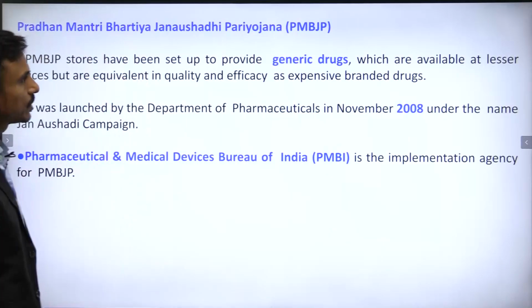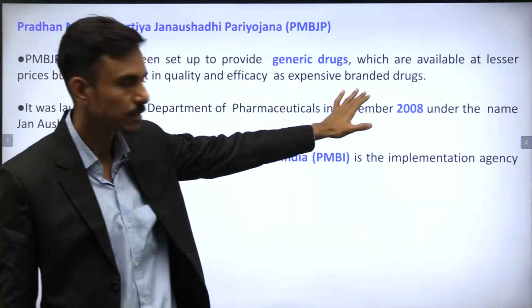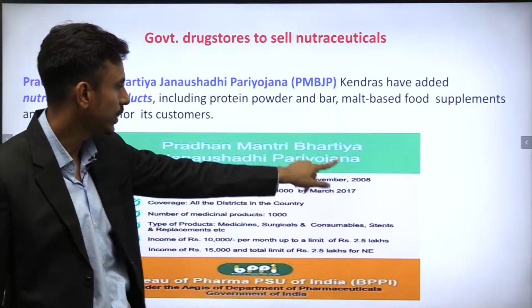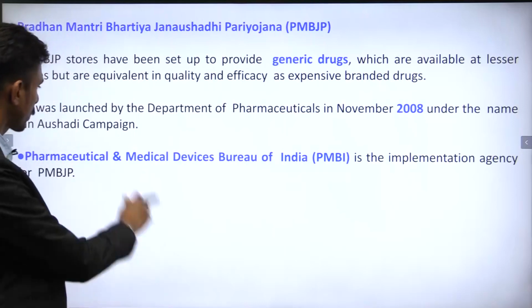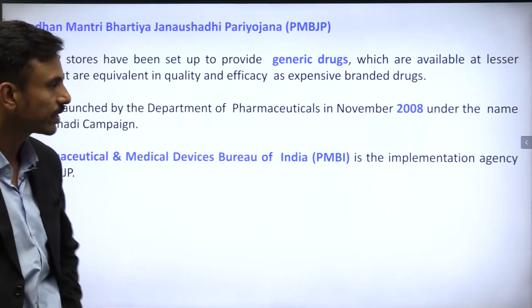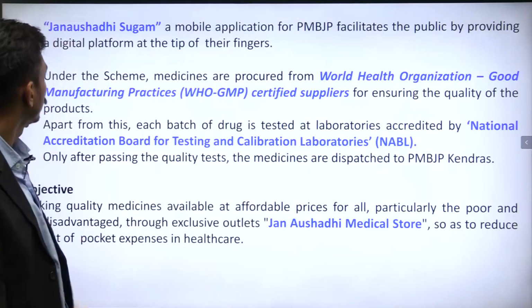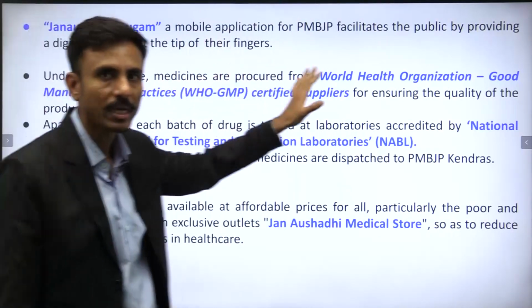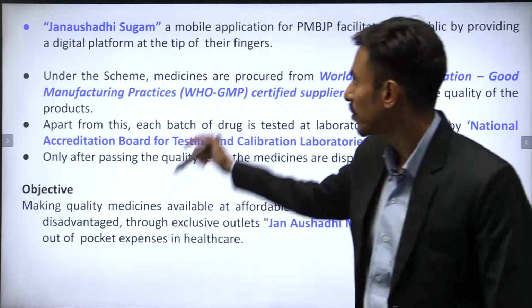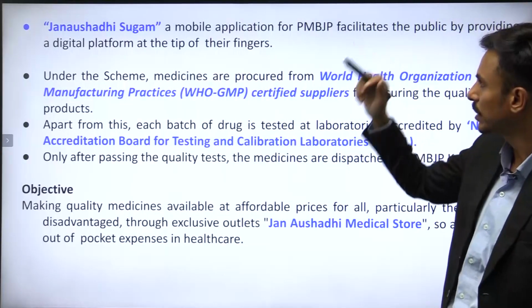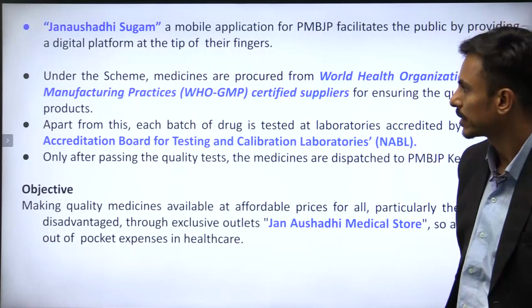So about PMBJP, it provides the generic drugs which I explained. It was launched in the year 2008, as I said, and the Pharmaceutical and Medical Devices Bureau of India is the implementation agency, right? Now you also have a mobile application, guys, in the name of Jan Aushadhi Sugam, which facilitates the PMBJP policy, right?